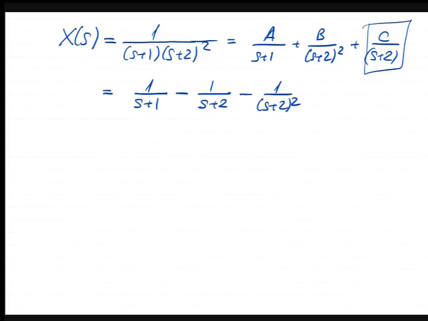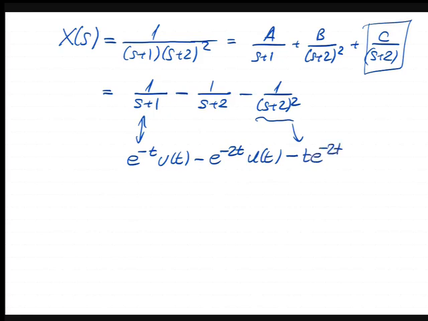But the nice thing is now when I see terms like this, I know what time functions they come from, right? This I already knew. Let's assume that we are looking for a right-sided signal for which this is the Laplace transform. Okay, so that means we have e to the negative t u of t for this, e to the negative 2t u of t, and what about that? T times e to the negative 2t times u of t.